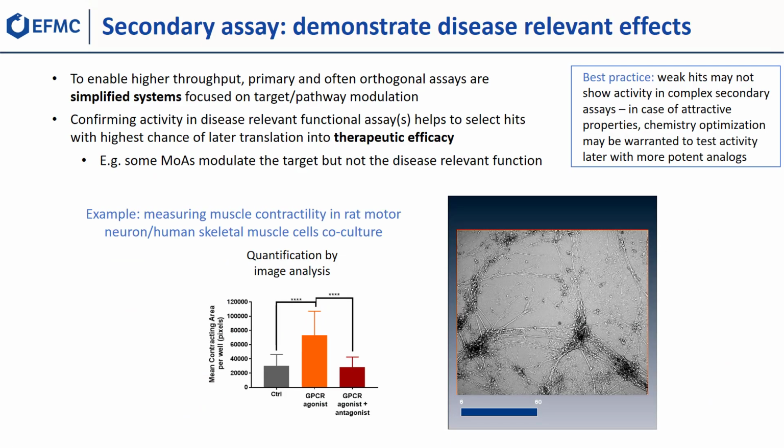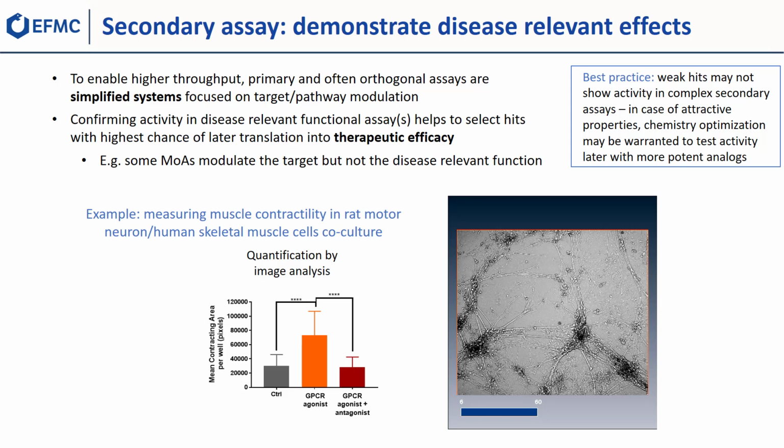The last type of assay that we would like to mention are secondary assays. The idea here is to demonstrate as close as possible disease relevance. Again, to enable the high throughput, the primary and often the orthogonal assays are a highly simplified system where we try to focus on the target or pathway modulation.